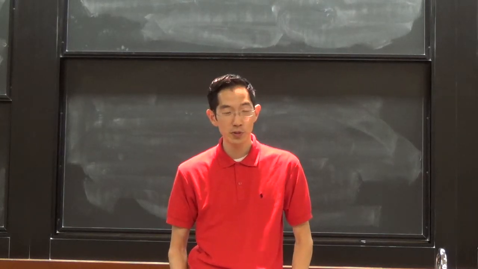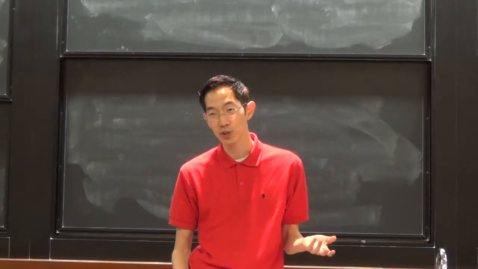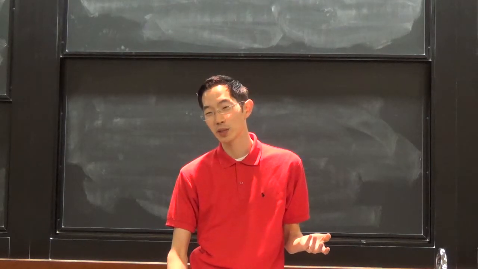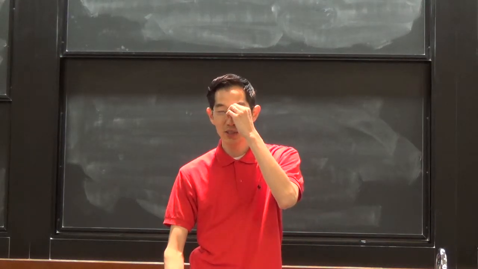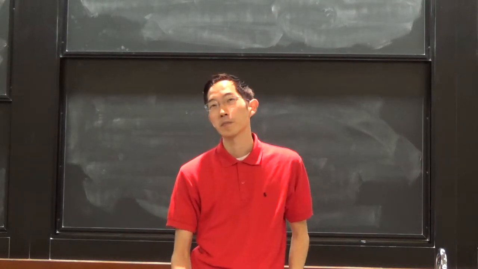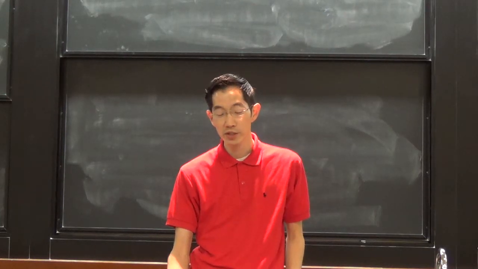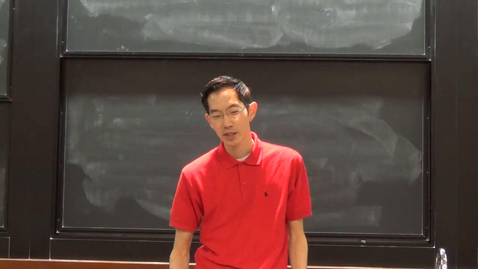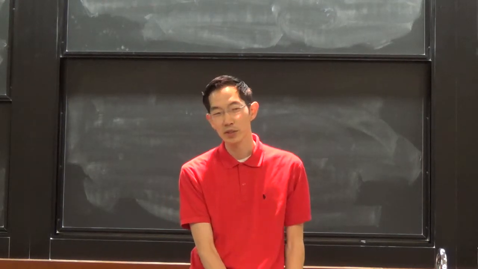A p-value of 0.12 means that if you assume the null hypothesis were true, the probability of observing your data or something more extreme is 12%. And you should know, in the context of a particular problem, what that means.